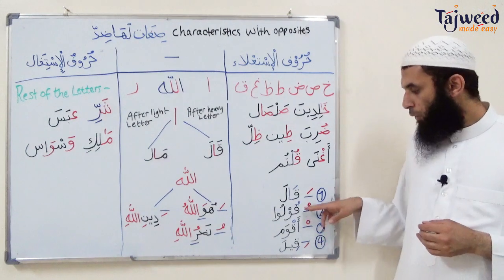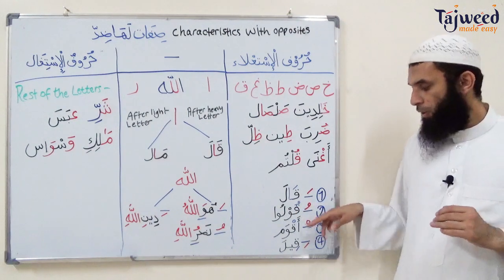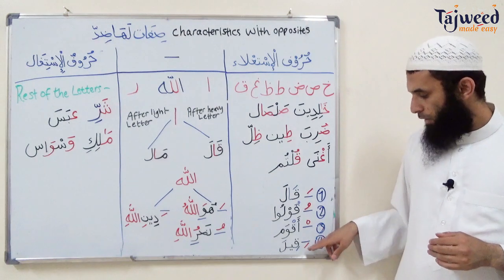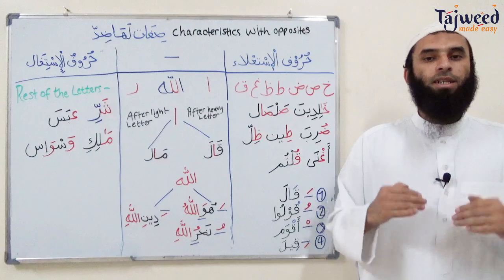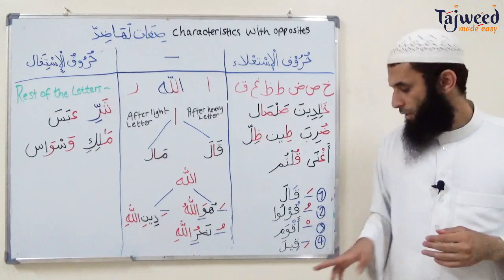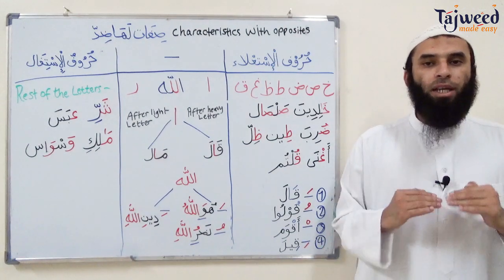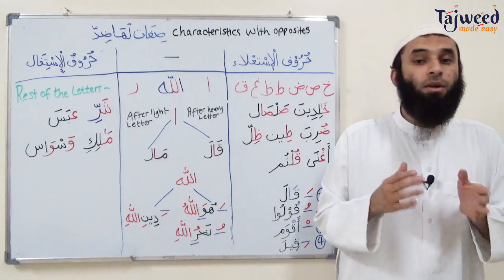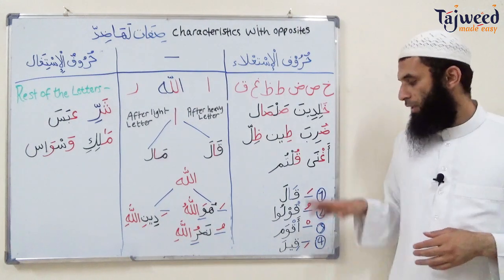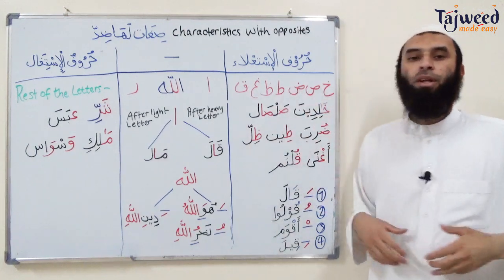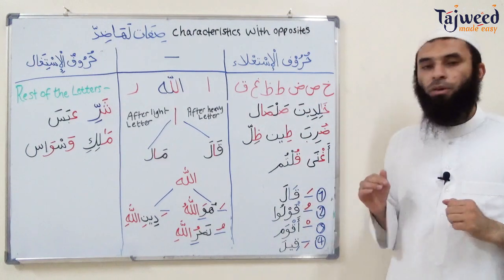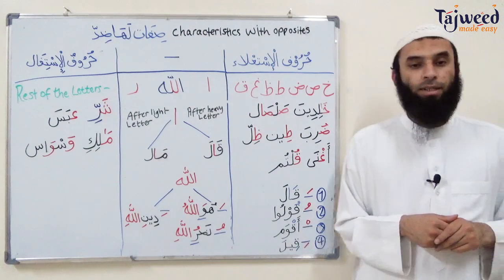So qulu will be stronger than aqwam. Whenever the 7 letters have a kasra, this will be the least strong. So this will be qila. If I say qila, it's still considered a heavy letter, but it will be the lowest form of the heavy letters. So whenever we have a fatha on any of these letters, they will be pronounced in the heaviest manner. Then below that is a dhamma, then a sukoon, then a kasra.